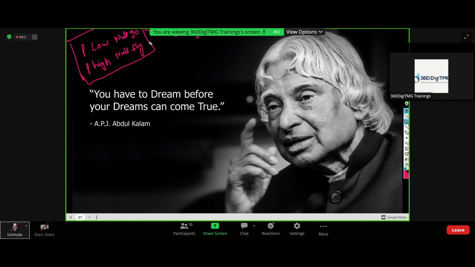Otherwise you are going with the null hypothesis. And P is your significance level, the chance of you going wrong. And it should not be greater than 5%. It should be less than or equal to 0.05 or 5%.